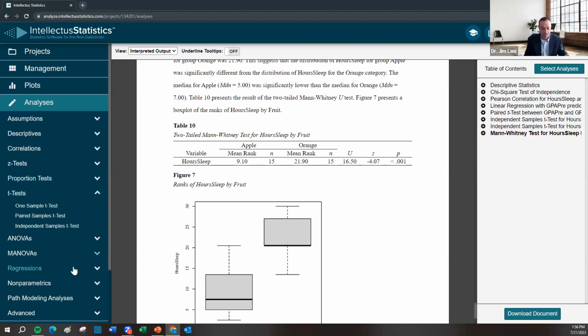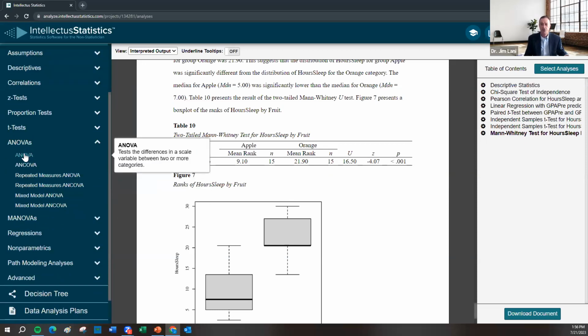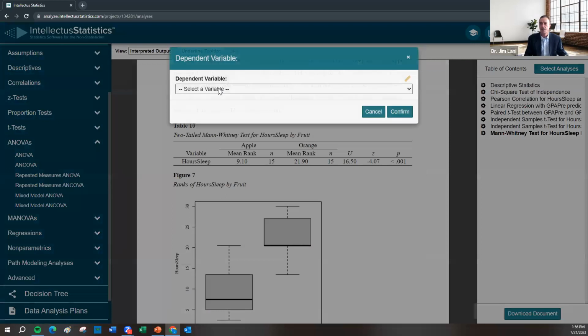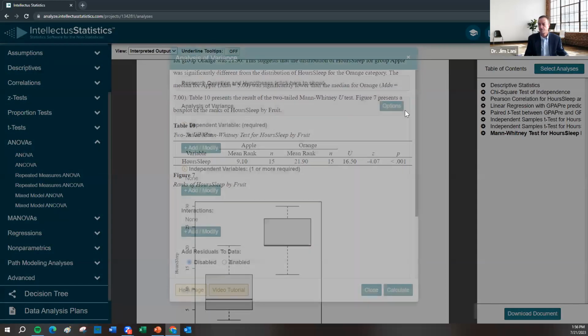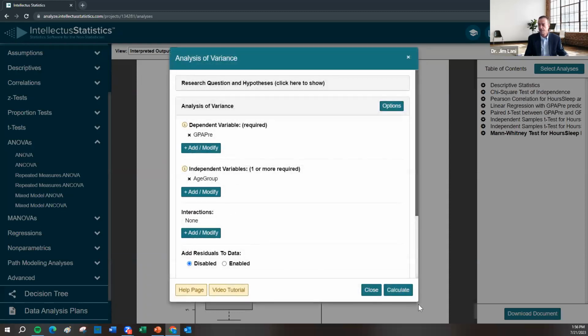All right, so let's go to maybe a final analysis, which is an ANOVA. Here we can look to see if there are differences on GPA pre, and we'll look at it by age group. You can see the levels of measurement here. Hit calculate.